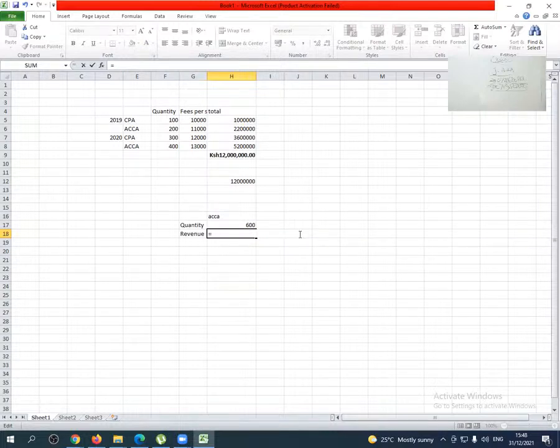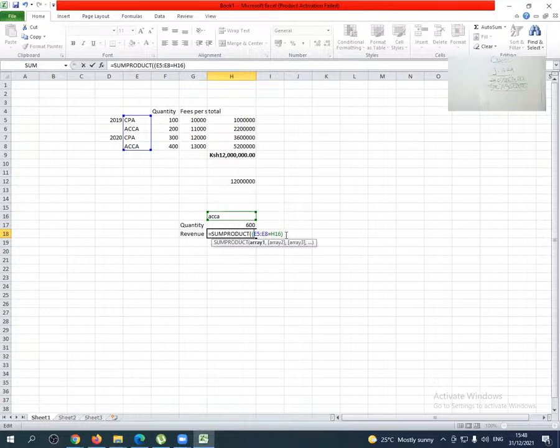So equals sum product. Okay, tab. So we will pick array 1. It is the courses here. All right. So once I pick like that, I'll say equals, because I want to specify it's ACCA that I need. And then I'll be able to close bracket there, and then I will be able to open bracket. Very important for you to do that. You open bracket there.